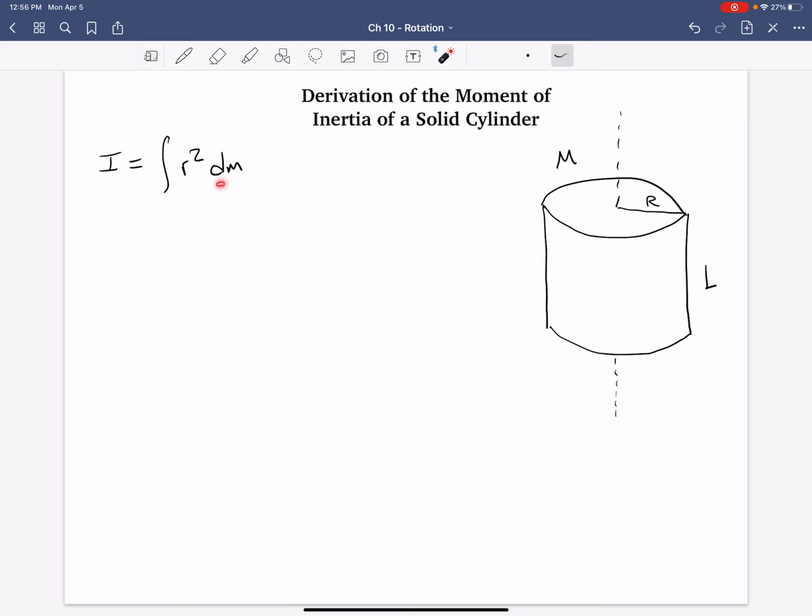We want to integrate all of those, and thus we'll get the total expression for I. The easiest way to do that is to think of symmetry. How can we break this object up symmetrically to make our lives easiest?